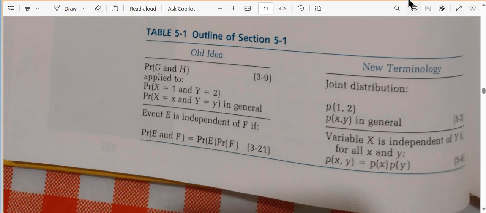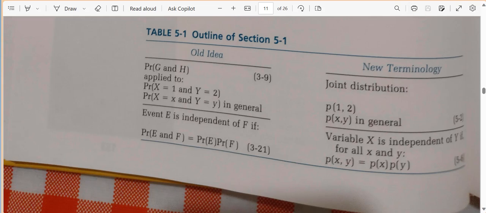And here we talked about independent events. The probability of E and F is equal to the probability of E times the probability of F. We did say that at one point. How do we write that in the new terminology? The probability of E and F, we write probability of, we have random variables X and Y, and we want to talk about X and Y being independent.